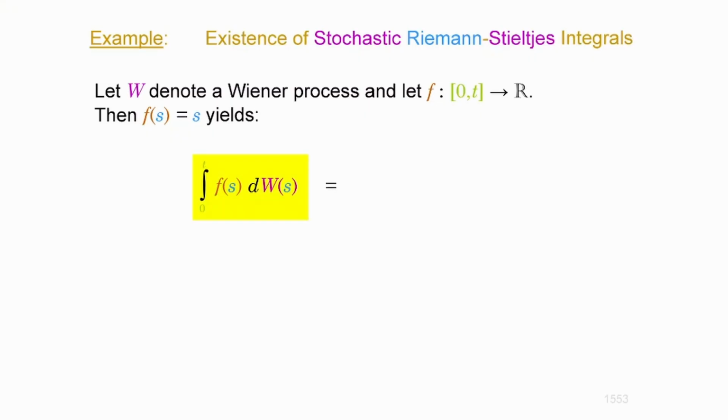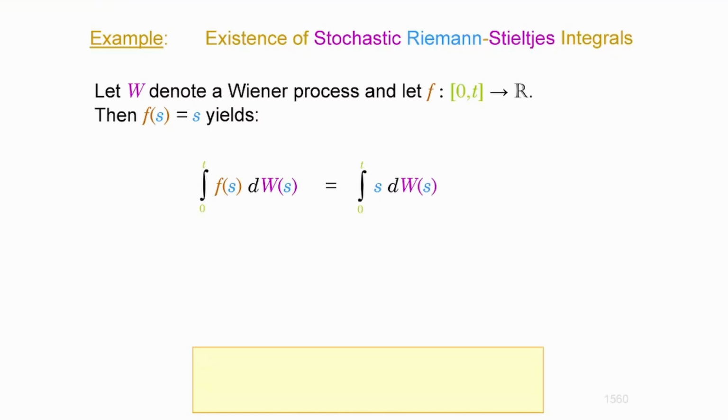First off, I'm writing out the stochastic part, and you need to replace the function by the identity. So you integrate the function s with respect to the Wiener process. And the question is, what is it?